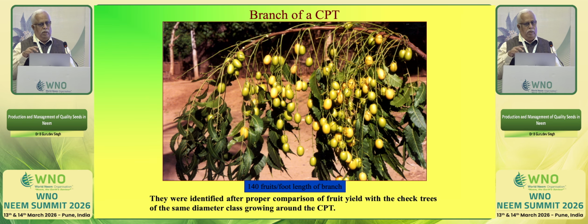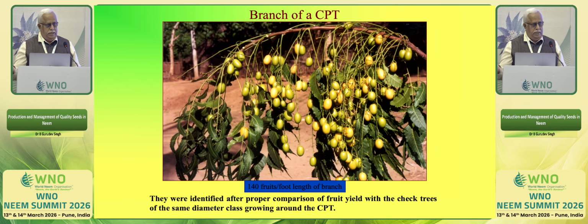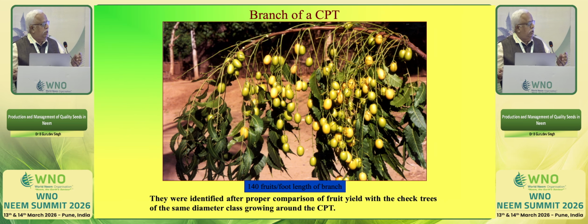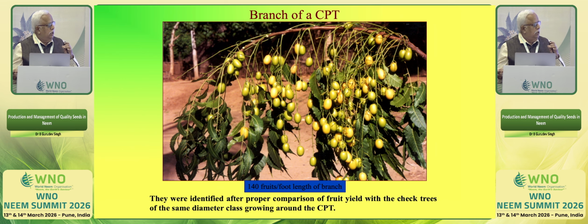The fruit formation will be there along with the new branches. So that is how we developed a methodology to count the number of fruits per foot length of the branch. In 1 foot length of the branch, how many fruits are you getting? This is the parameter we took, and finally we estimate how much fruit each tree is producing.